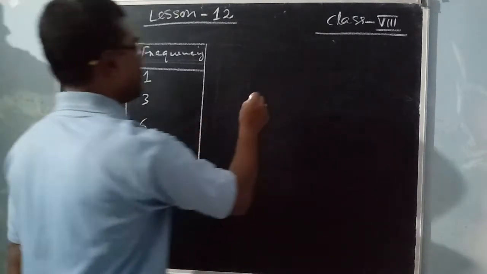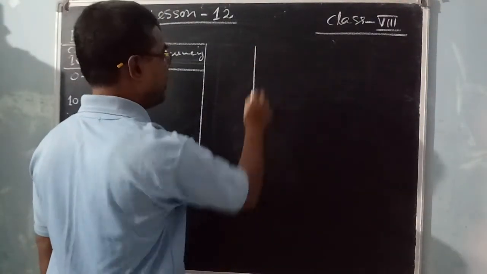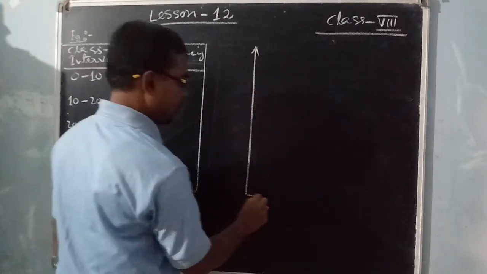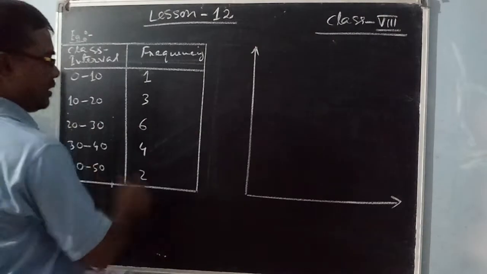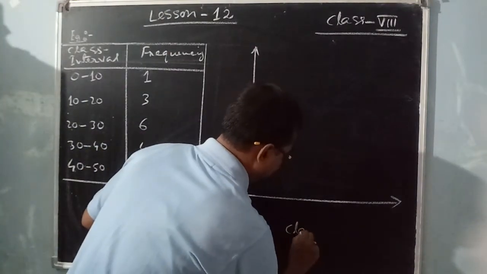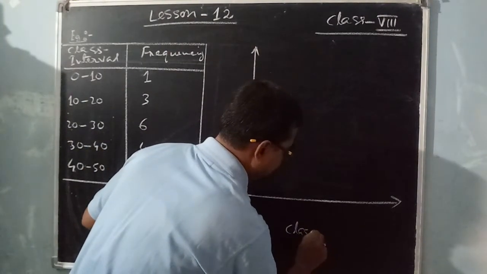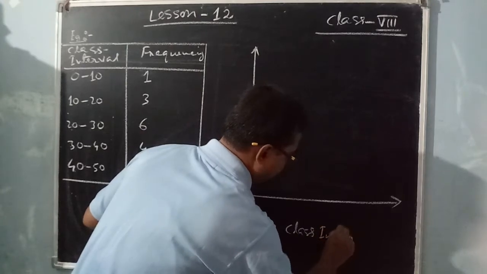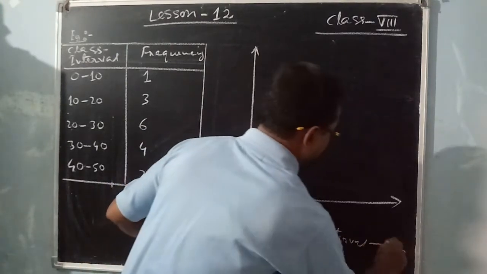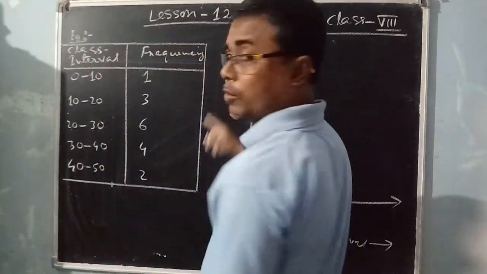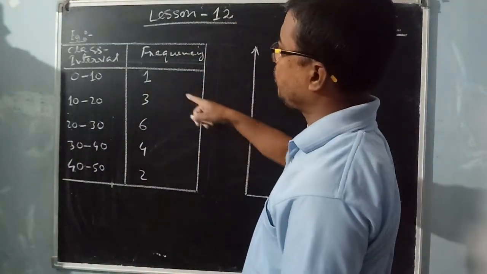For this, first you draw a vertical line and next a horizontal line. On this side we will put class interval, and on this side we will put frequency.